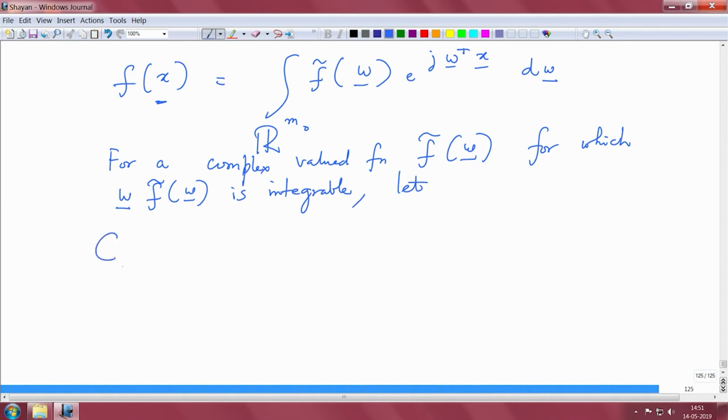Let us define a parameter Cf, which is the first absolute moment of the Fourier magnitude distribution of f, given by this equation.